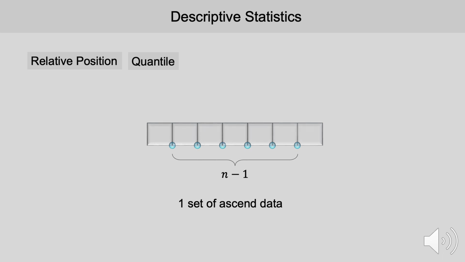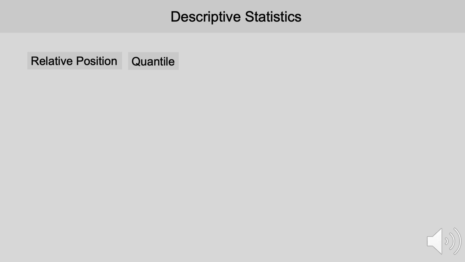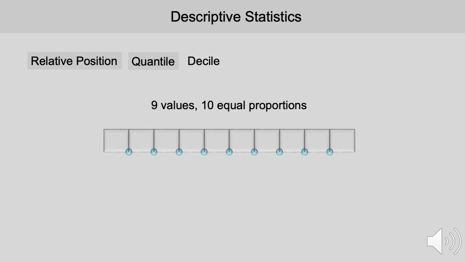Apparently, each quantile point represents the relative position of a certain size portion of the data. Deciles are quantiles, which means there are 9 quantile points dividing the dataset into 10 equal parts. Percentiles are also quantiles, where 99 points divide the dataset into 100 parts.